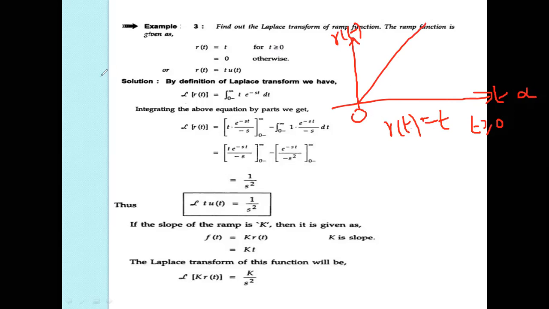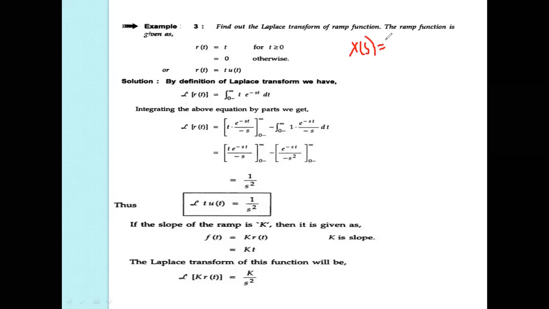Now you can find the Laplace transformation of the ramp function or the linear signal. Simply you can say linearly. Now this is t into mu of t, because t into mu of t varies from 0 to infinity. We have the definition of the Laplace transformation.